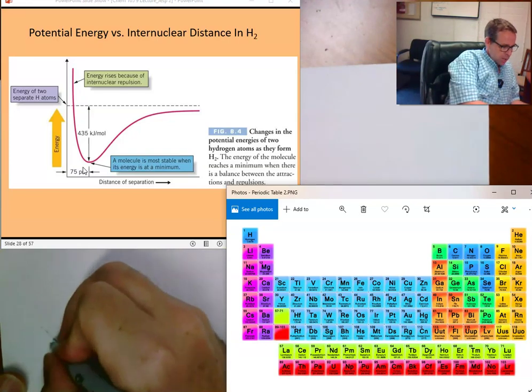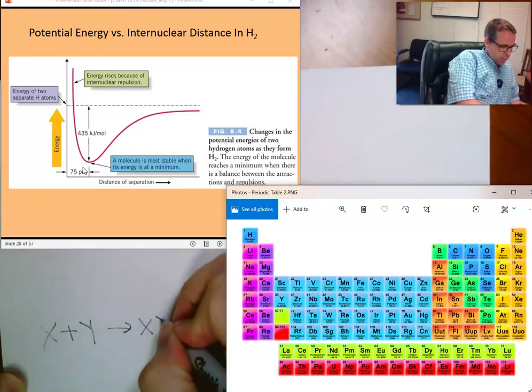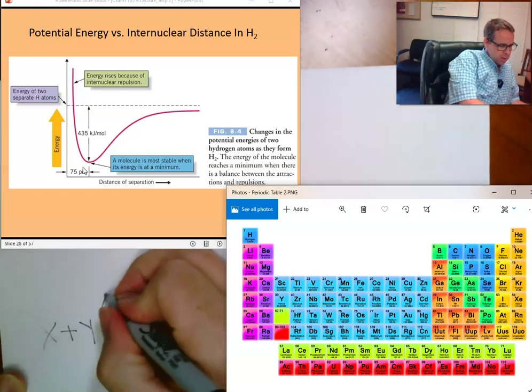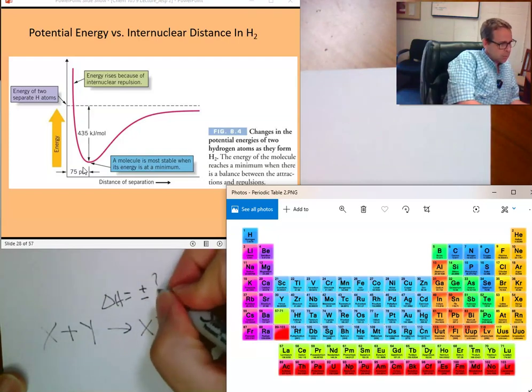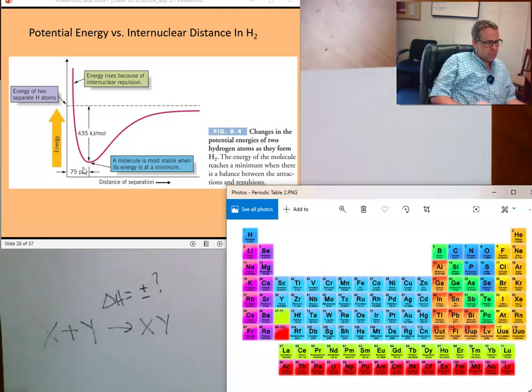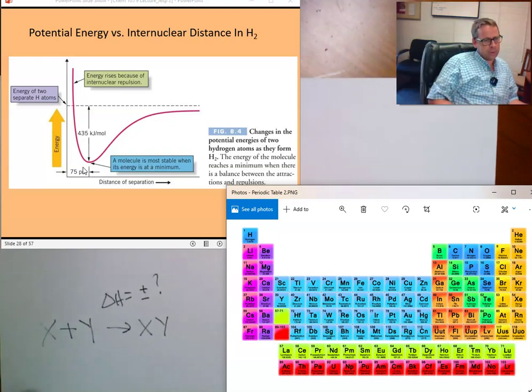Here's element X combining with element Y to form compound XY. Delta H for this reaction, is it positive or negative? Kylie, positive or negative for this reaction? Or can we not tell? Or does it depend?